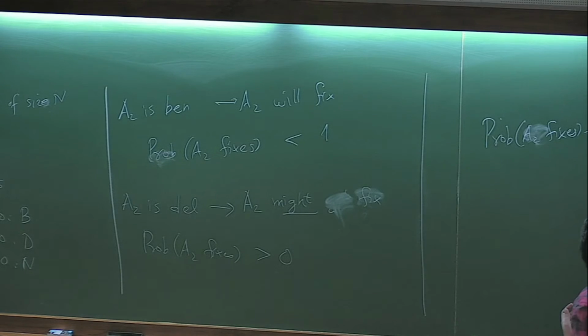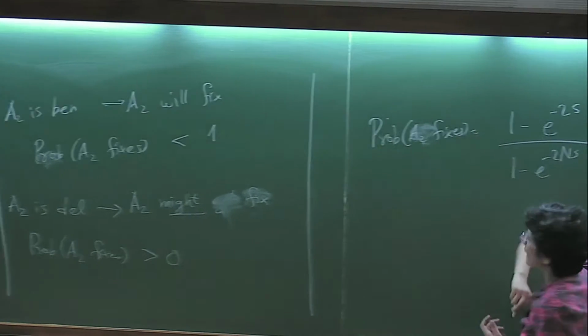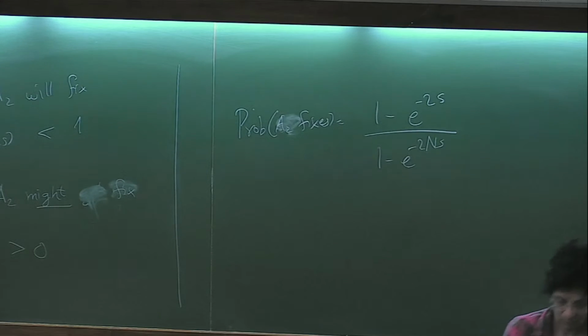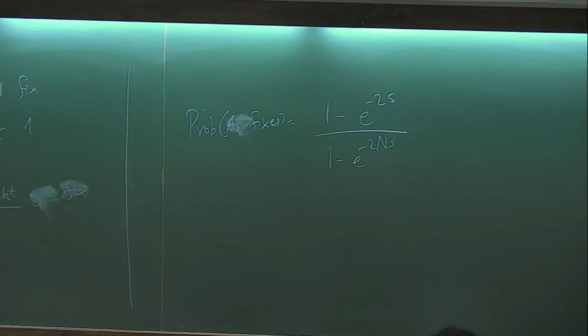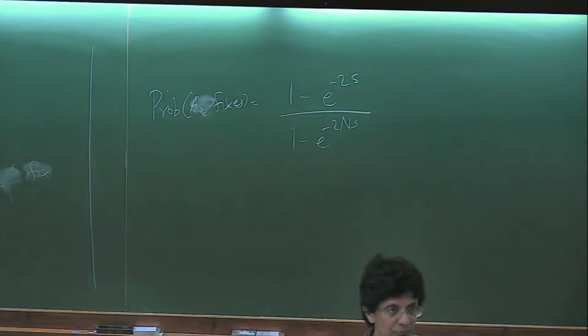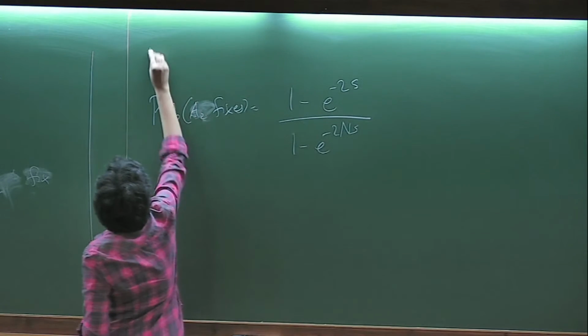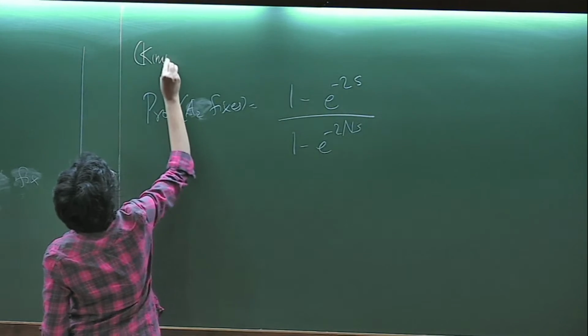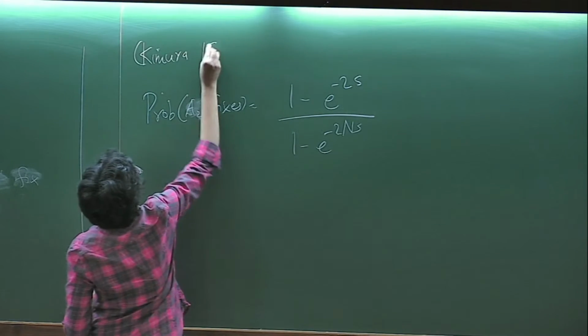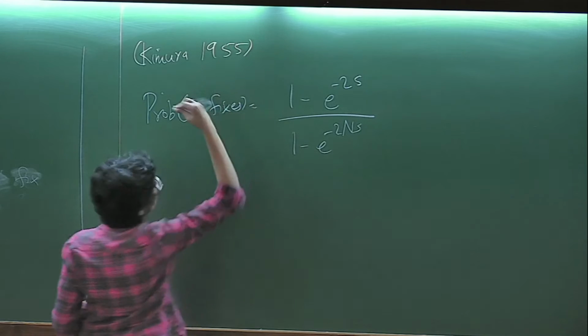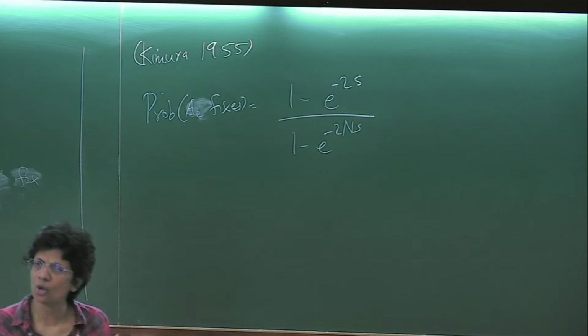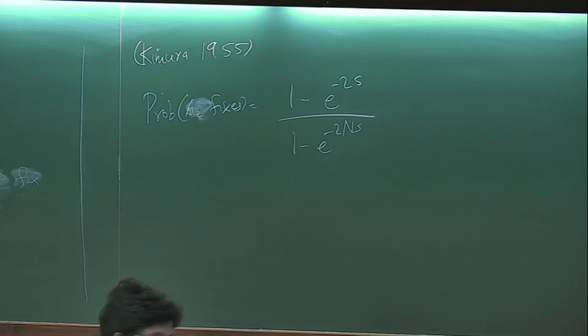It's for haploids, but you can write for diploids also. Okay, so this is due to Kimura, I think 1955. This is known for a very long time.